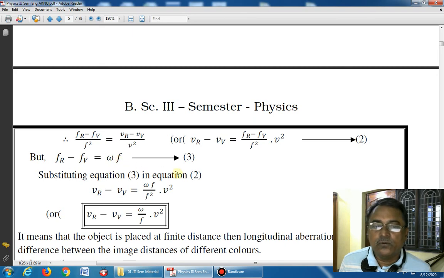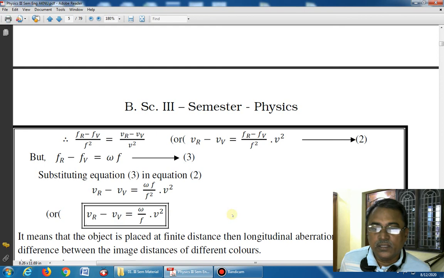Substituting this value in equation 2, Vr − Vv = (ωf/f²) × v². Then f gets cancelled, and Vr − Vv = (ω/f) × v². Vr − Vv is the distance between the two images of two different colors.